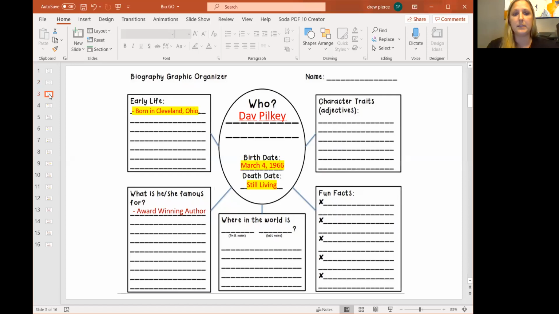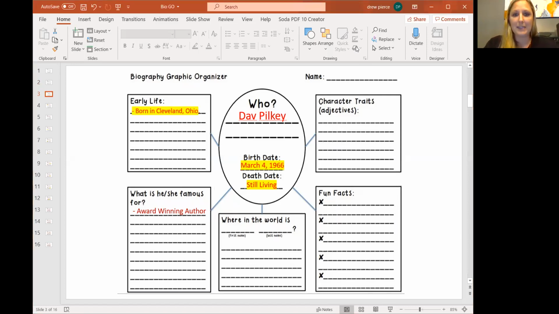He was born in Cleveland, Ohio on March 4th, 1966, and he's still living. It never said that he had passed away, and we know that he's still continuing to make his Dog Man book, so he is still alive and well. So if your famous person that you're going to be researching is still alive, you can just put still living.